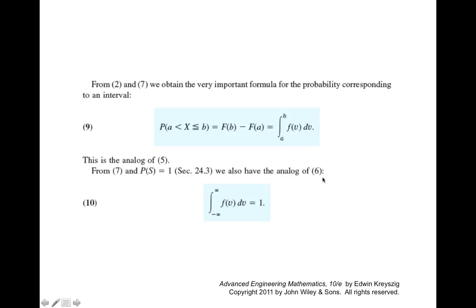So our formula for estimating the probability that a variable lies between two values is obtained by taking the integral from value a to value b of the probability density function. So obviously if we integrate the probability density function from negative infinity to infinity, we will get 1.